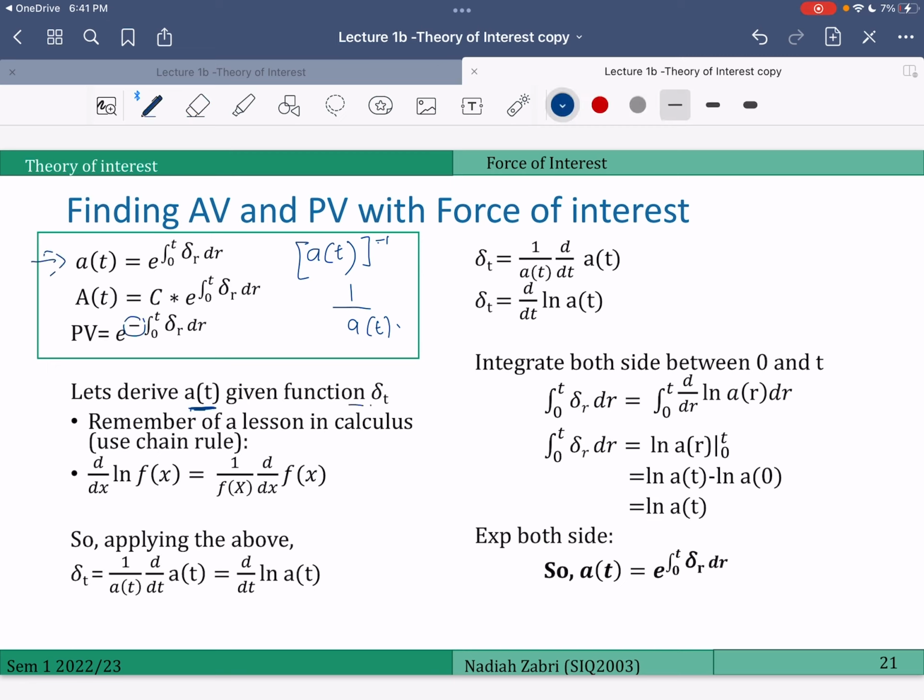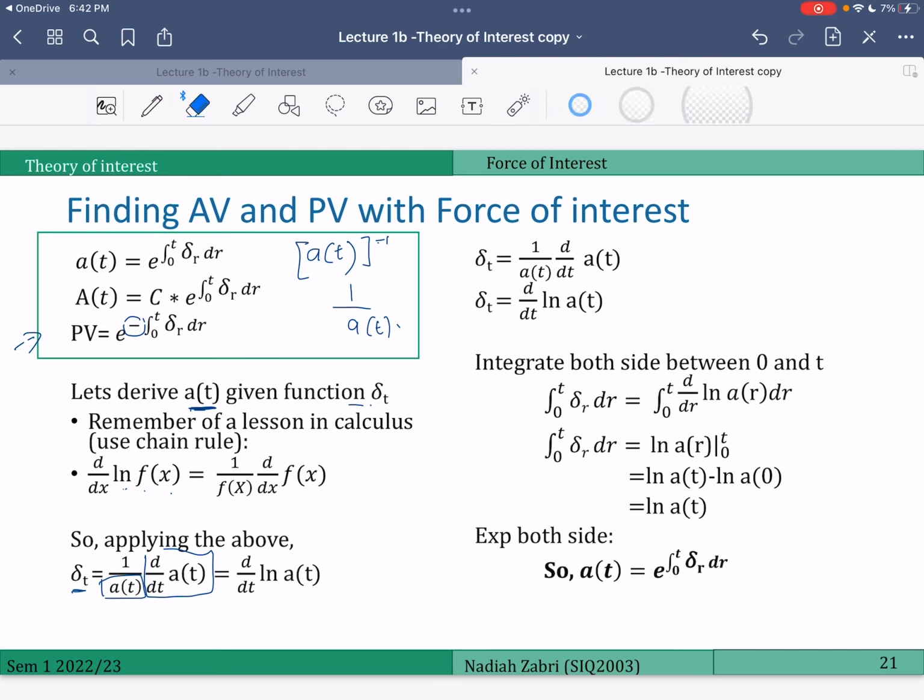So let's now prove this relationship. Remember a lesson in calculus, you use the chain rule. So if we were to differentiate ln f(x), it will be 1 over f(x) times the derivative of f(x), right? Okay, I hope you remember the chain rule. Keeping that in mind, we know another fact: force of interest equals the speed over the initial fund.